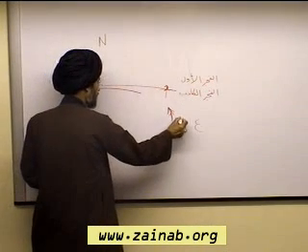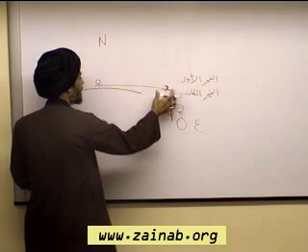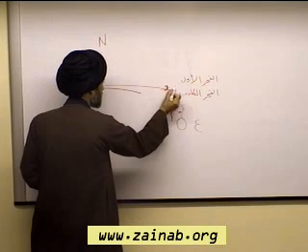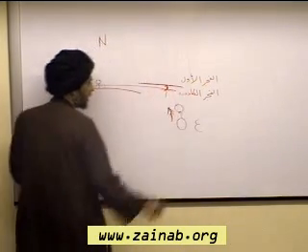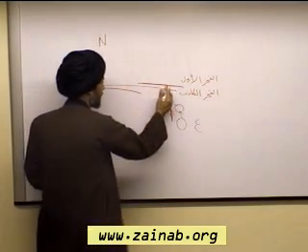Now the sun is moving upwards, obviously. It comes up further. When it comes up further, this light spreads horizontally on the horizon.